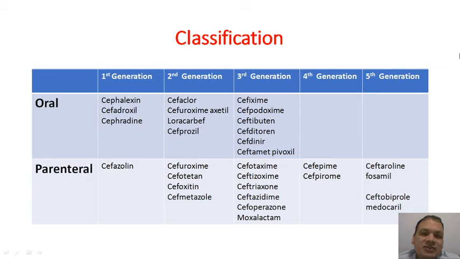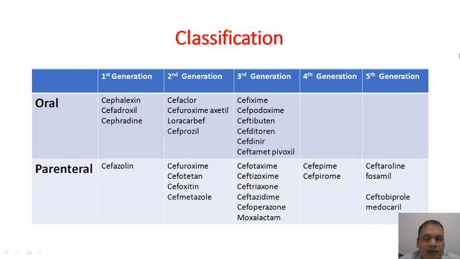The second generation, they are active against your gram negative bacilli. Third generation, they are active against your gram positive cocci, gram negative cocci, then your gram negative bacilli, and even the anaerobic organisms. Okay.